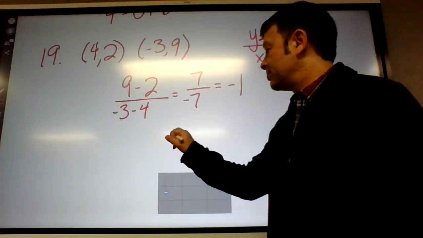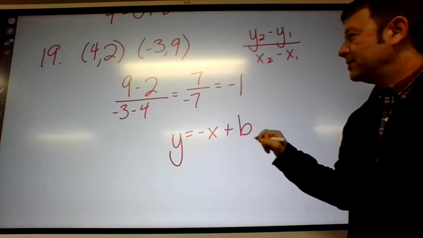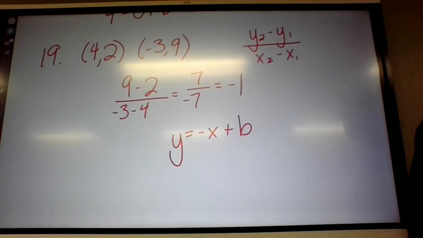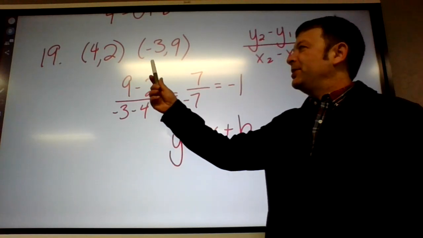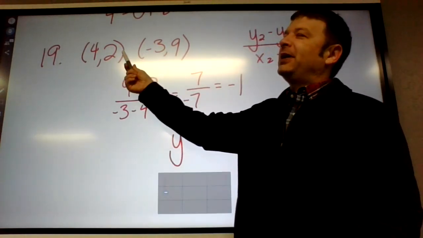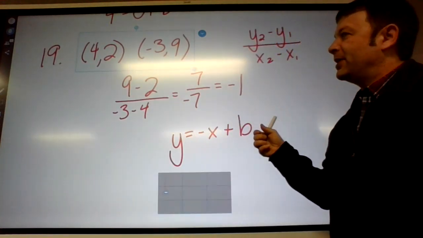So that's what's going to go in front of the x. Now what do you think I'm going to do? Do what we just did up there. Now you have to fill them in, so now you've got the b. Which one do I plug in? It doesn't matter. They should both give you the exact same b value.